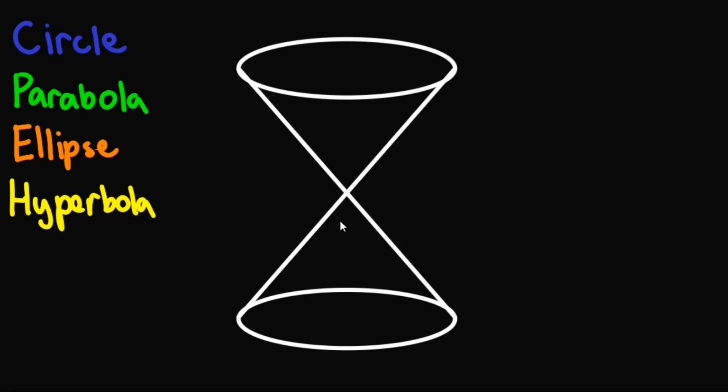The reason for that is because if it is not parallel, then there's a tendency that, like for instance here, how we cut it, if we cut it not parallel, something like this, it will hit this cone out here. We might end up with a hyperbola instead of a parabola. So that's something nice to take note of.